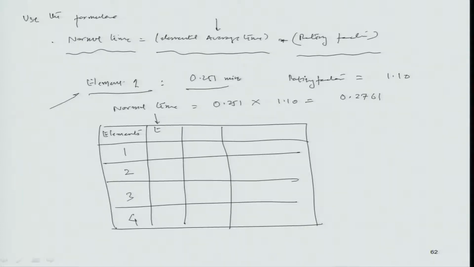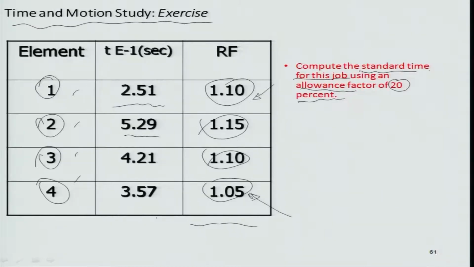The elemental average times are written down as 0.251, let us say these are minutes, then 0.591, 0.421, and similarly 0.357. These are being reported in this table, which has measured the average time scales associated with these 4 tasks.